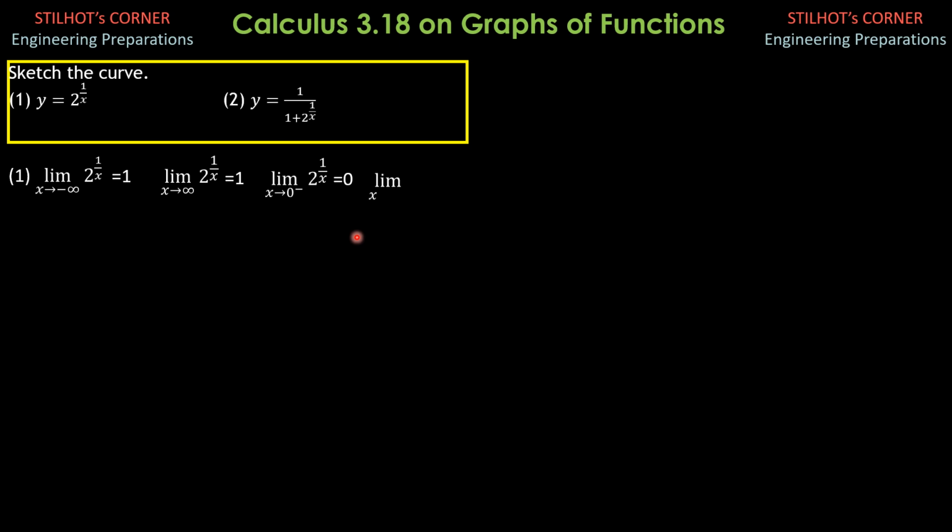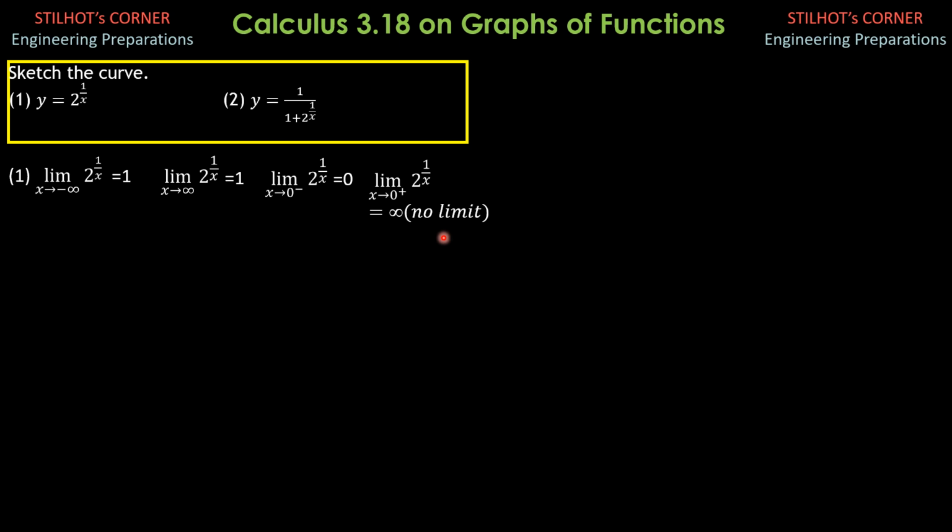Then limit as x approaches 0 from the right of 2 to the 1 over x is 2 to the 1 over almost 0. So that's very large, 2 to the positive infinity. So there's no limit, but it is positive infinity.